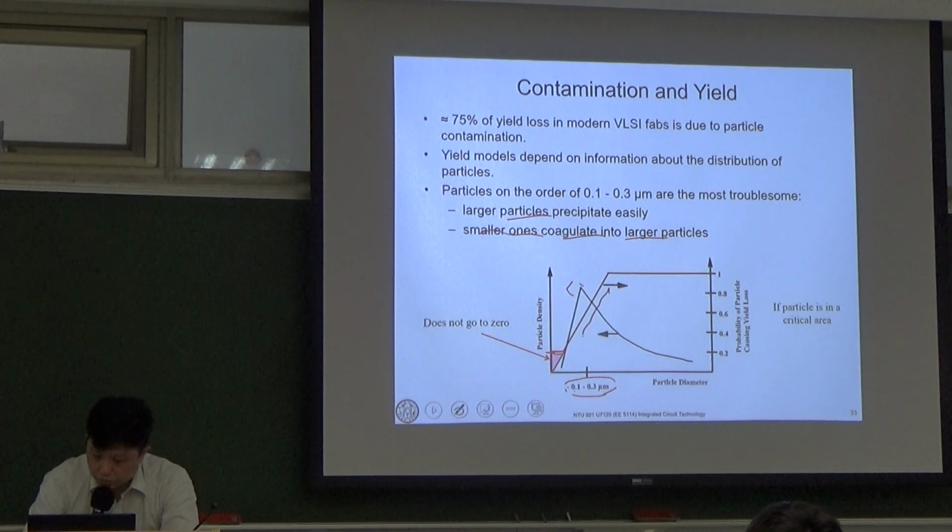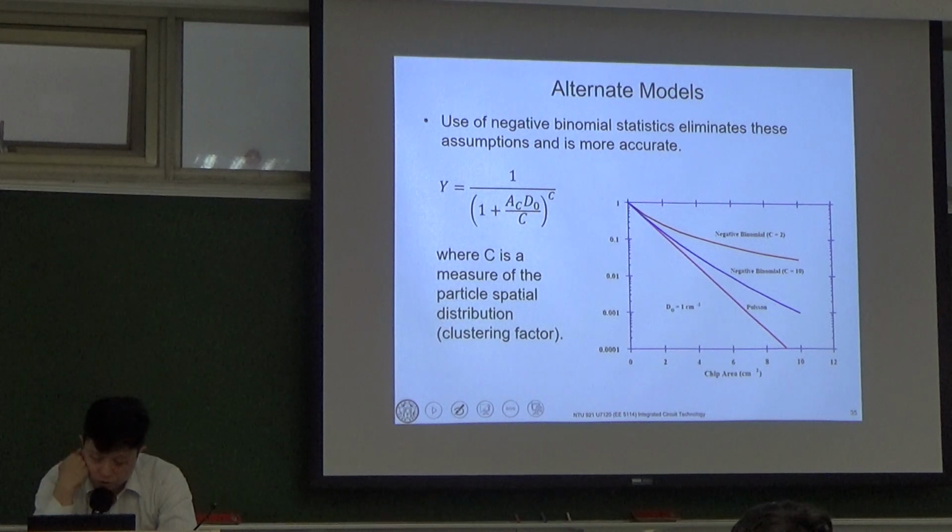So sometimes we can't just assume that each particle is randomly distributed, and sometimes they will cluster to form a bigger one. In this case, we can use this statistical model to model the yield.